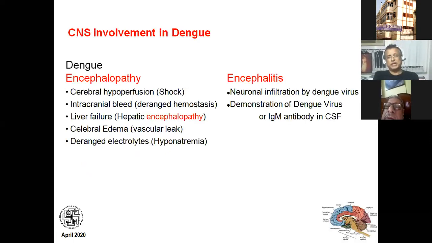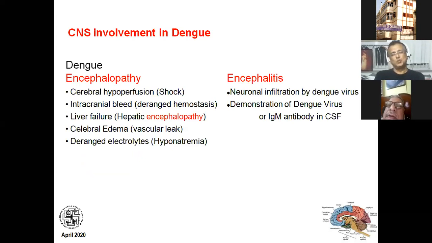Actually, dengue is not a neurotropic virus. In the majority of dengue deaths, when brain biopsy was done, only in very few cases was dengue virus detected in the neurons. Dengue causes more of encephalopathy rather than encephalitis.